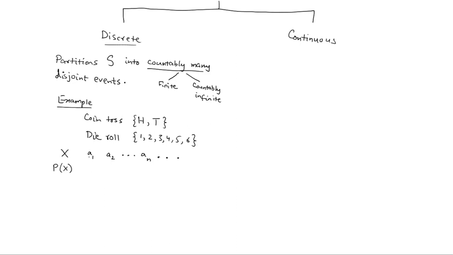And let's call the probability of x equals a1, let's call it p1. Probability that random variable x takes on value a2, let's call it p2, and so on. That's a density function of random variable x.